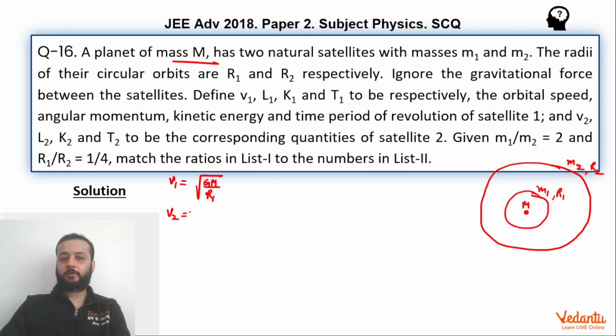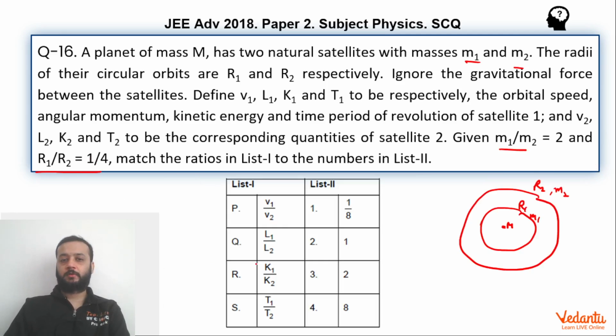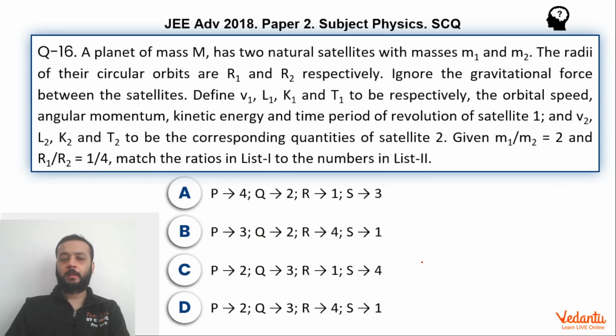Similarly v2 can be written as root of GM by r2. So from here it is very easy to see that v1 by v2 will be under root of r2 by r1, and r1 by r2 has been given 1 by 4, so this will become 2. That means P matches with 3, correct?